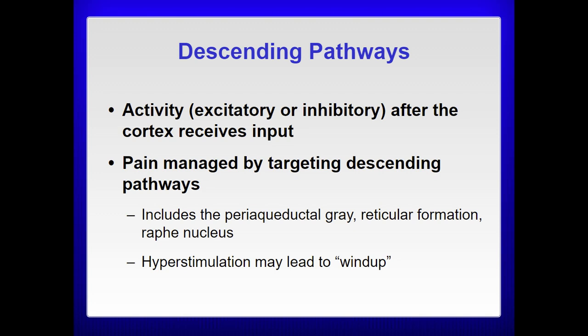When we have what's called wind up, a painful stimulus can spiral out of control because the pain is exceeding the benefit of the part that's going into the brain.